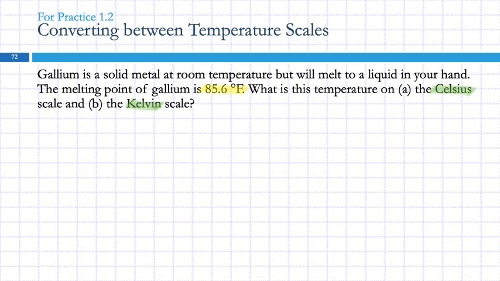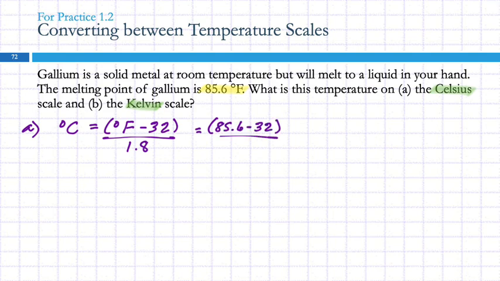So converting temperatures, we need to use those equations. So we can convert Fahrenheit into Celsius. To do that, we're going to use that equation. Celsius is equal to Fahrenheit minus 32 divided by 1.8. So I'm going to plug this Fahrenheit temperature in. 85.6 minus 32 and divide by 1.8.